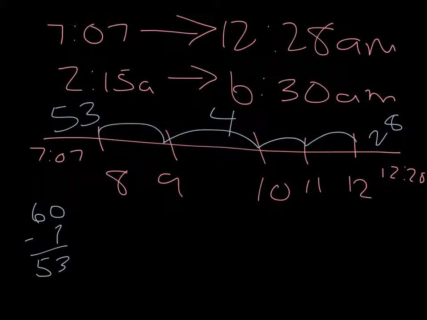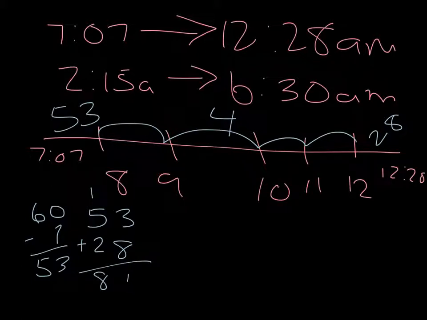So I now know that there's 4 hours, and I have to figure out how many minutes on each side. So if I do 53 plus 28, I would end up with 81 minutes.